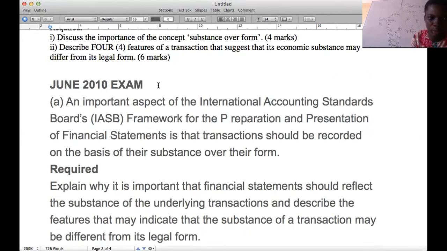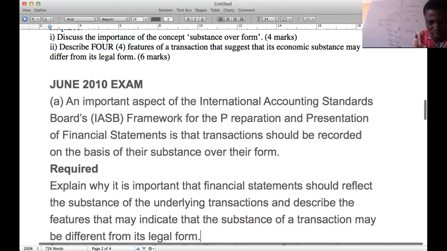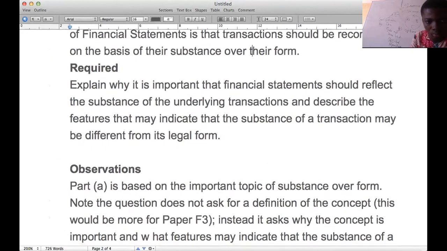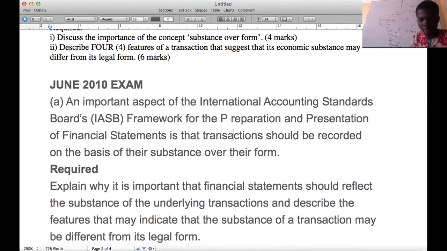So take note. An important aspect of the International Accounting Standards Board framework for the preparation and presentation of financial statements is that transactions should be recorded on the basis of their substance over their form. I like that. Now, explain why it is important that financial statements should reflect the substance of the underlying transaction.